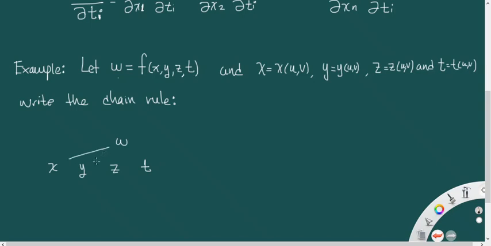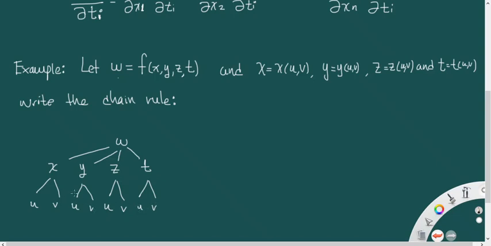So these variables all depend on w, and x has u and v, and y has u and v, and z has u and v, and t is dependent on u and v.